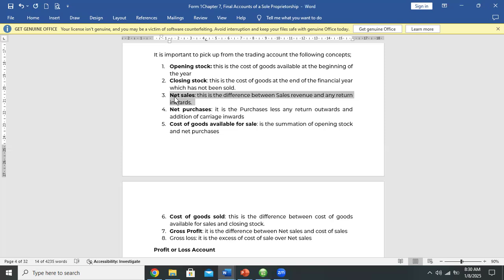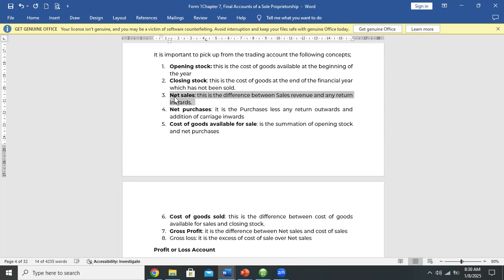minus any return inwards. Example, if you sell 500 shoes to your customers, and the price of one shoe is 10 cedis. That would mean you would have sold 500 times 10, 5,000 Ghana cedis. If 10 of your customers return their shoes back to you, then it means that you would have to refund their monies to them.